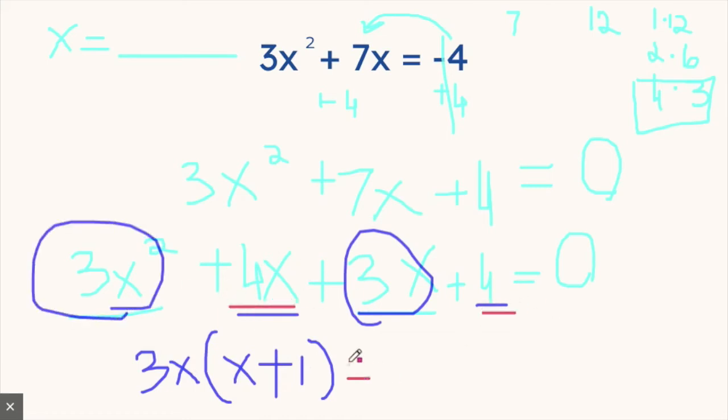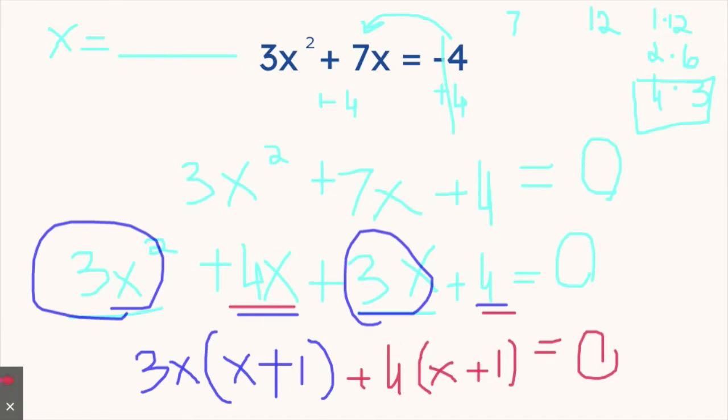They have 4 in common, so let's take 4 out. 4x divided by 4 is just x. 4 divided by 4 is just 1. Equals 0.